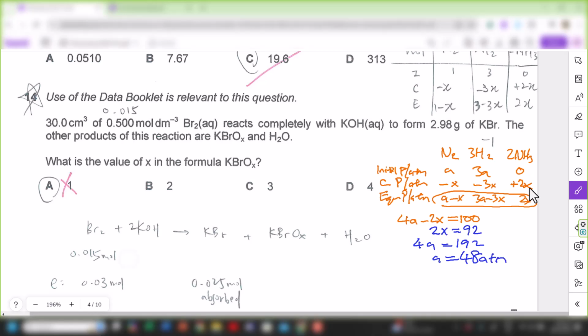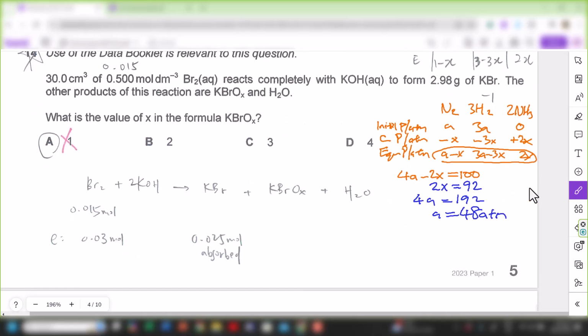With these details, the Kp expression is Kp equals the partial pressure of ammonia squared divided by the partial pressure of N2 multiplied by the partial pressure of H2 cubed. I can then continue with my calculation.